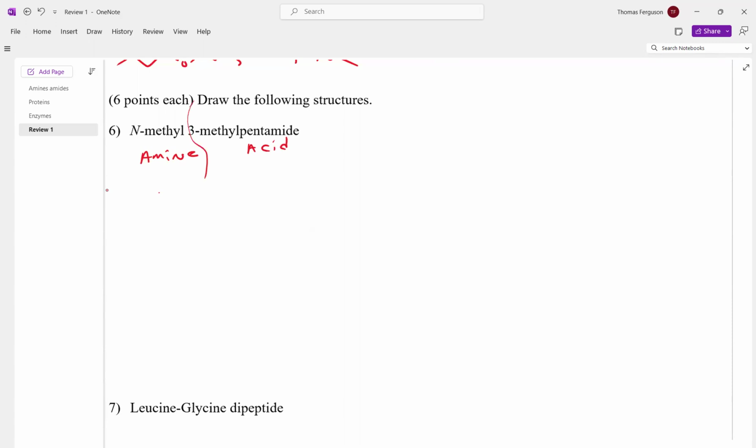The acid's a 5 backbone acid with a methyl branch. And we have one methyl group sticking out of the nitrogen.